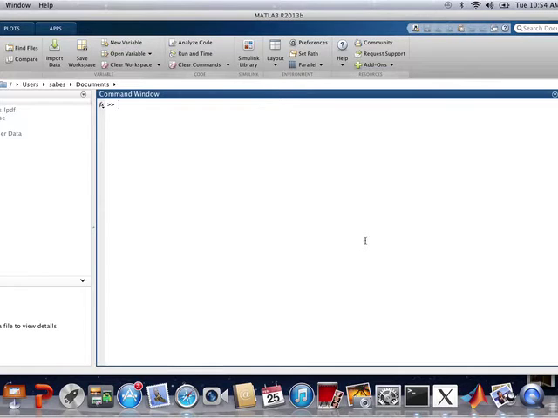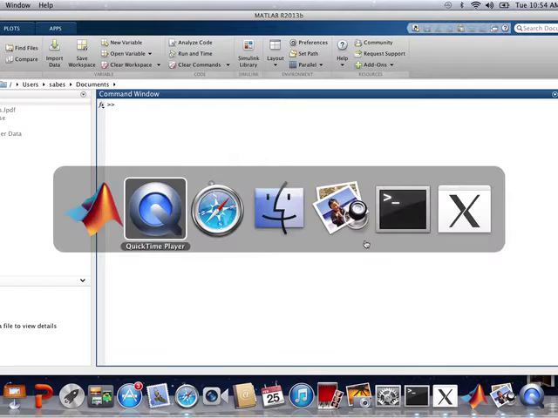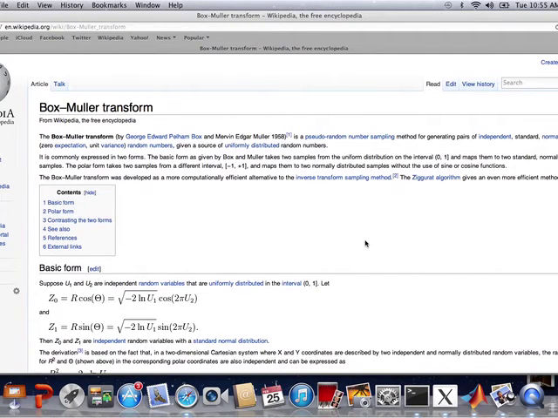The process that we are going to follow is formally known as the Box-Muller transform, and you can read up about it in Wikipedia or elsewhere. In this video, we are going to focus more on the programmatic aspect of this process.